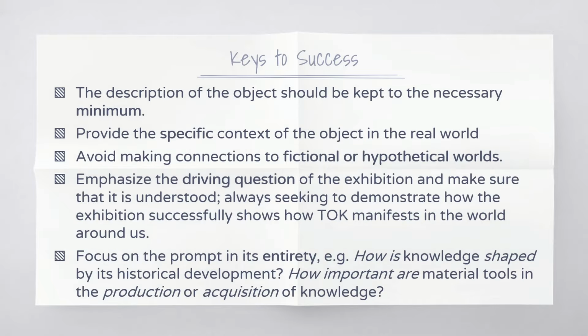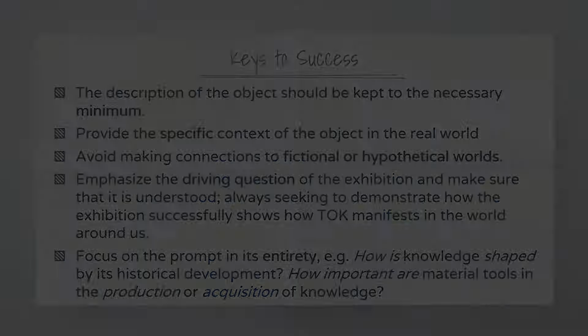Lastly, this is just a reminder of the keys to success that we've talked about. Description should be at a minimum. You should look to provide specific context. Avoid making connections to fictional, hypothetical, symbolic knowledge. Make sure that you're engaging with the driving question and focusing on the prompt in its entirety.